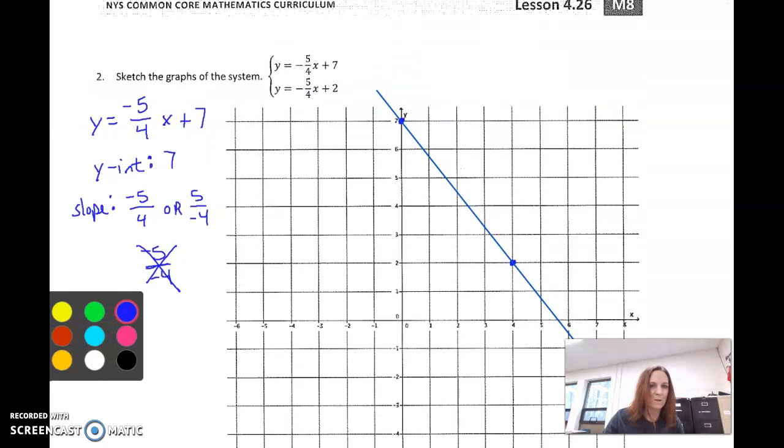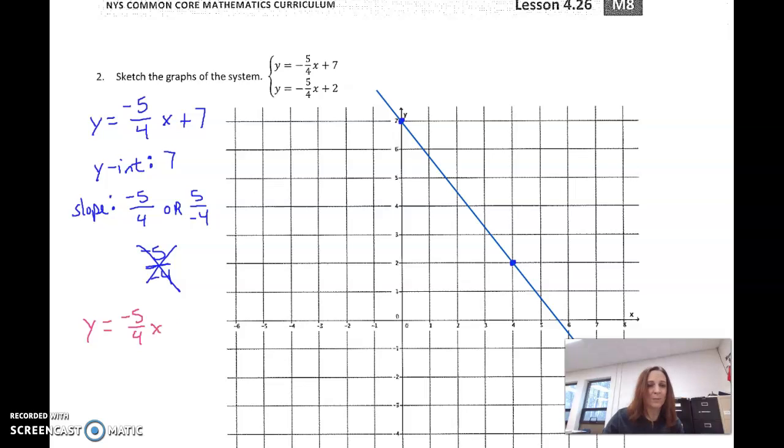All right. Now we have y equals negative 5/4 x plus 2. So my y-intercept is 2. And again, my slope is going to be a negative 5/4 or 5 over a negative 4.